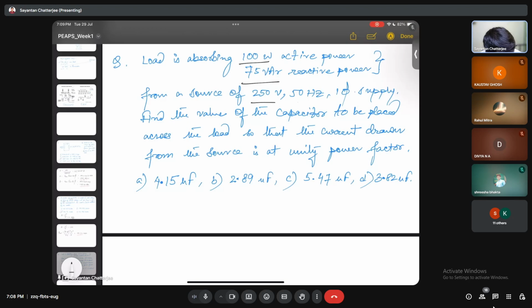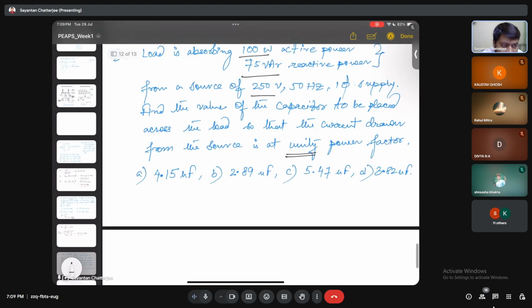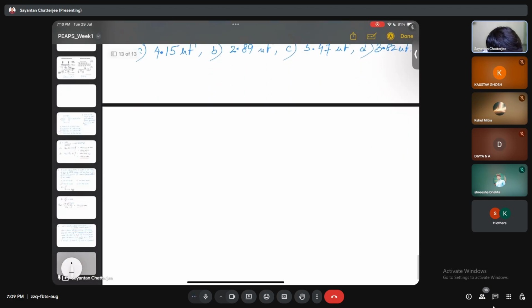This is the source side voltage, and we need to maintain unity power factor. That's the question. So value of capacitor to be placed across load so that the current drawn from the source is at unity power factor. So let's start solving. If somebody finds the answer, you may please type in the chat box, and till then we'll try to solve together.